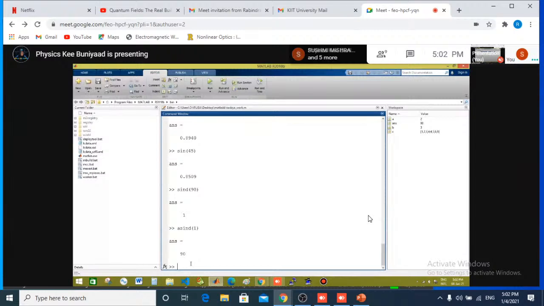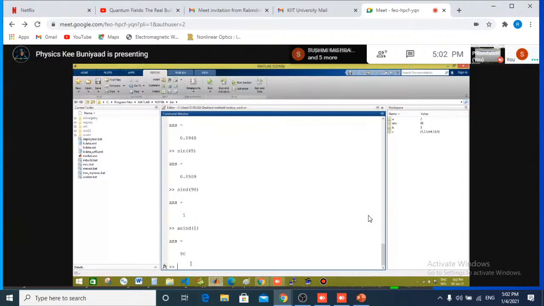If you simply write exp, exponential means e to the power. Exp of 1 gives you the value of e, which is 2.7183. When you write exp of 2, it takes the square of this number.